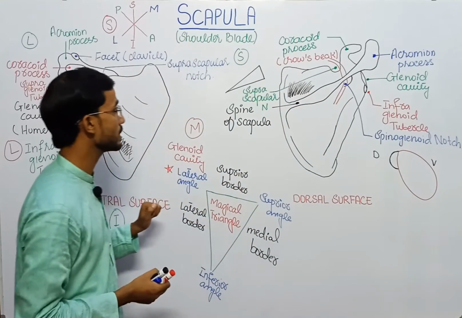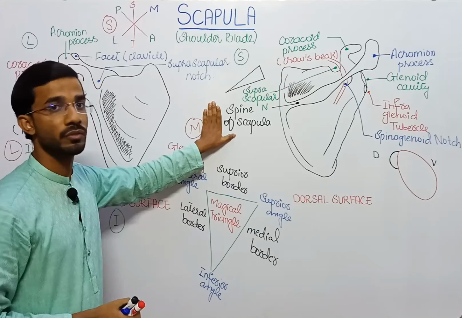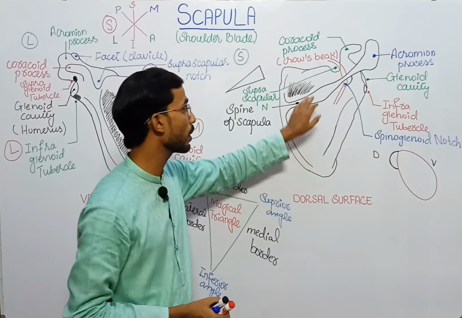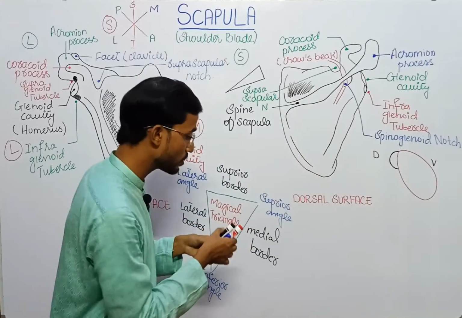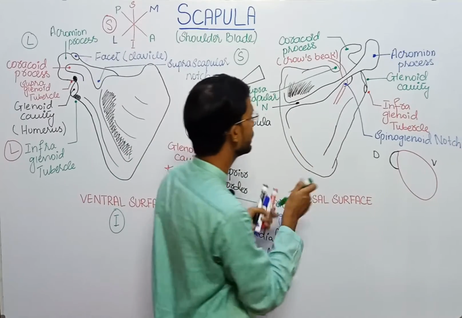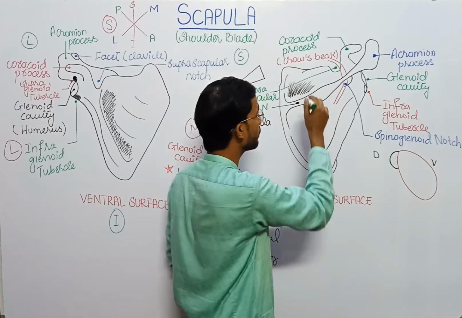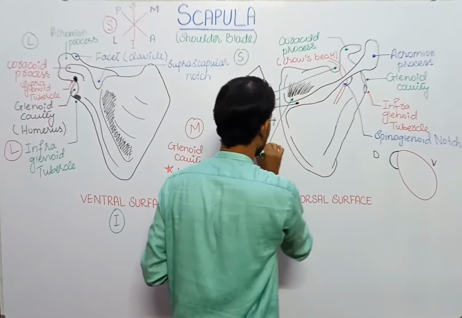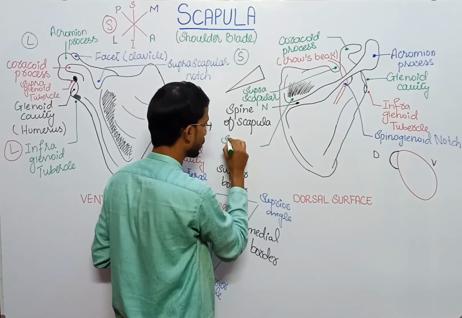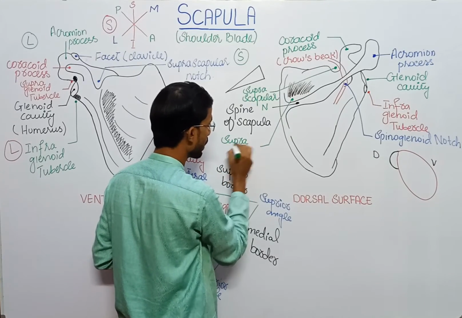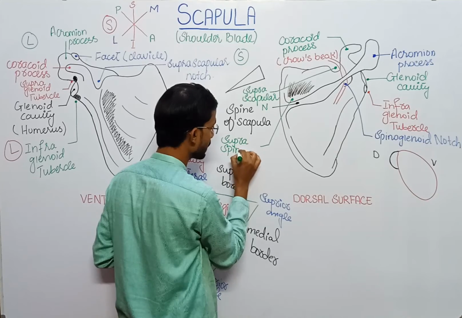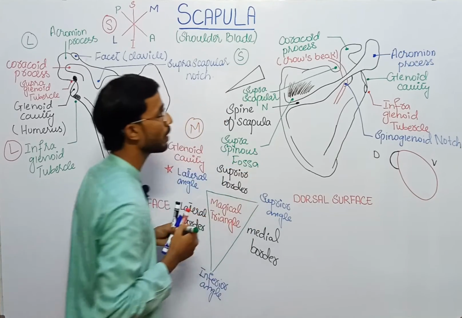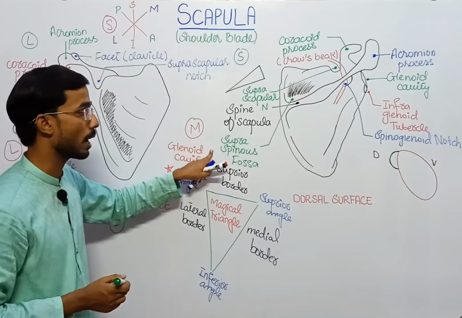And here you can see the spine of the scapula divides the dorsal surface of the scapula into two regions. The first region, this upward portion, is called the supraspinous fossa.